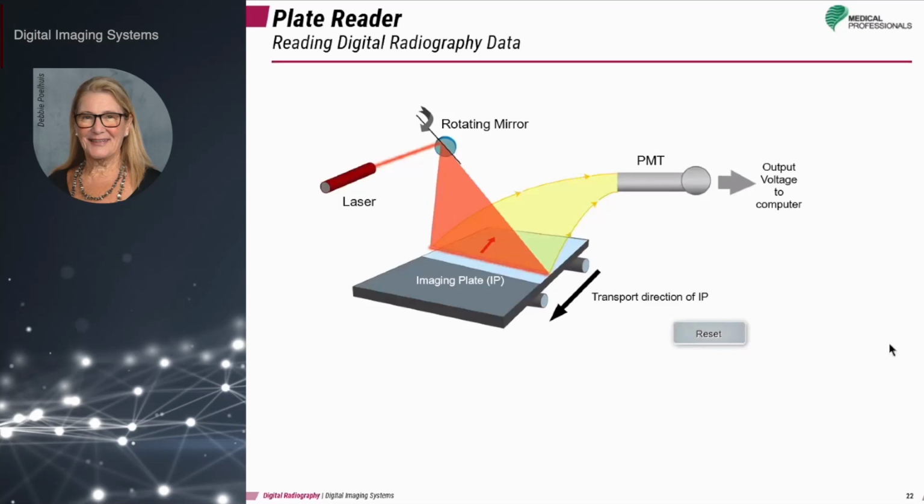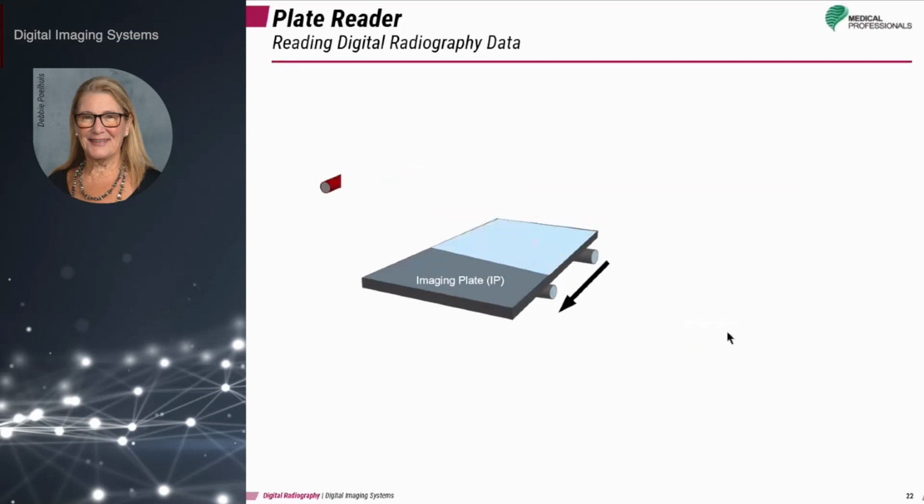The visible light that's given off by the IP at this stage is emitted in all directions. It must be channeled by the fiber optic collection assembly that we saw in the previous slide, which will direct the emitted light to one or more photodetectors, photomultiplier tubes, otherwise known as PMT, or to a charge coupled device, also known as a CCD.